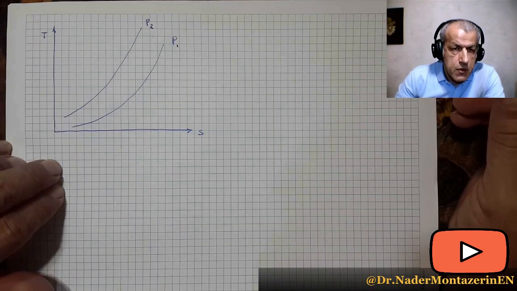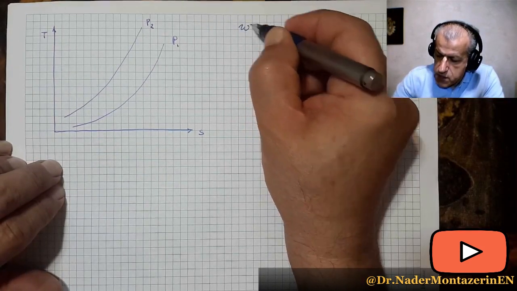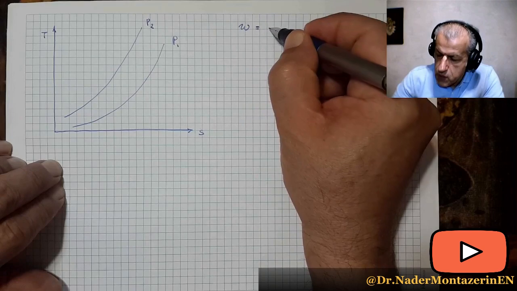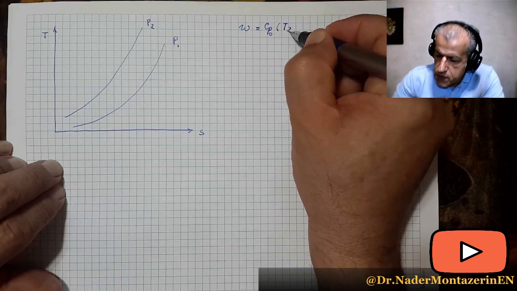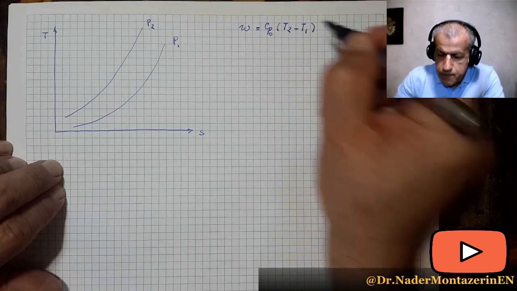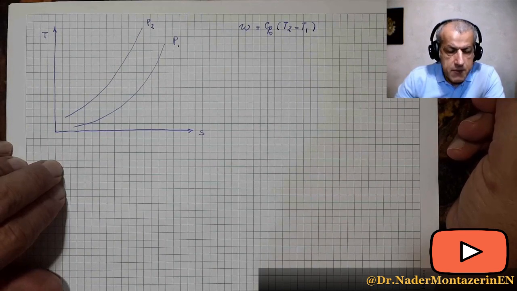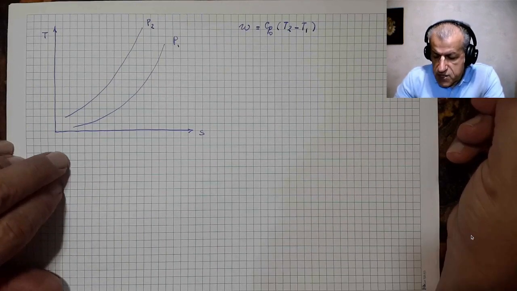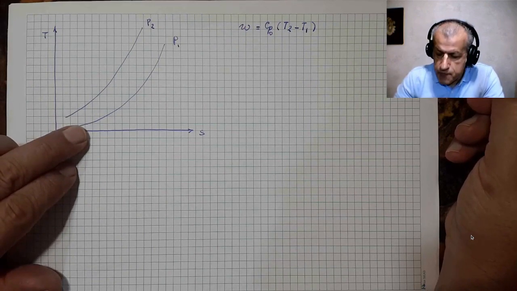Now, control volume work may easily be calculated from the equation W equals Cp0 times T2 minus T1. For an adiabatic system, this is work from the first law of thermodynamics. So the temperature difference, in fact, here means work.